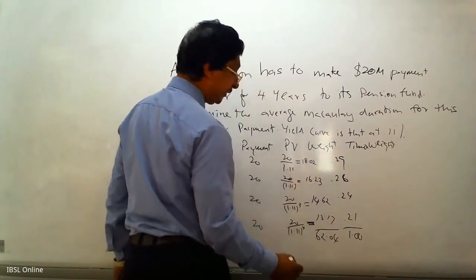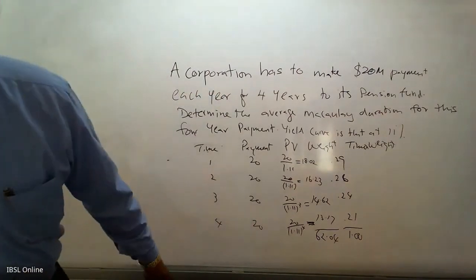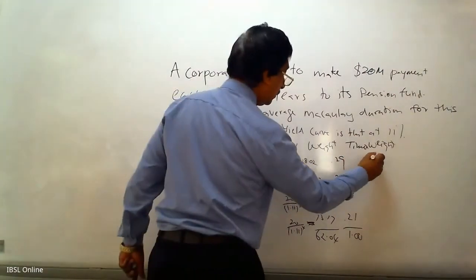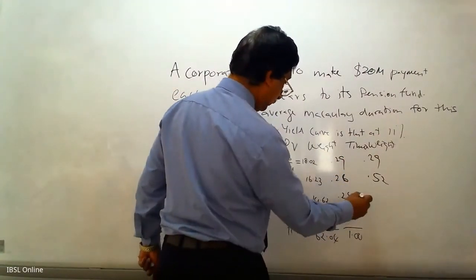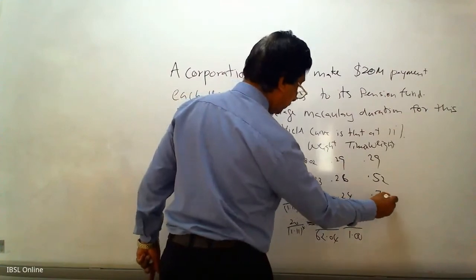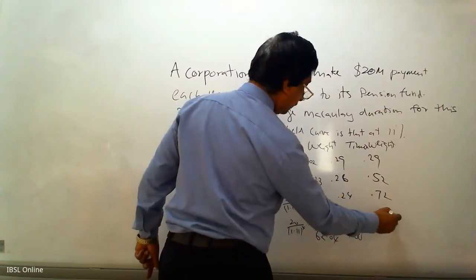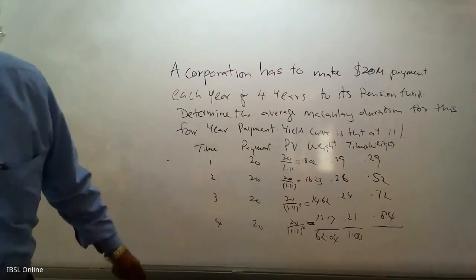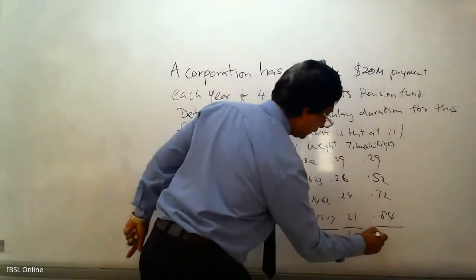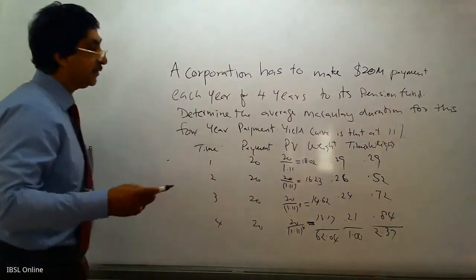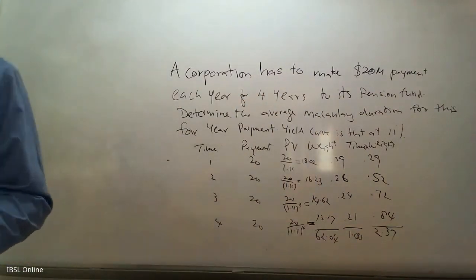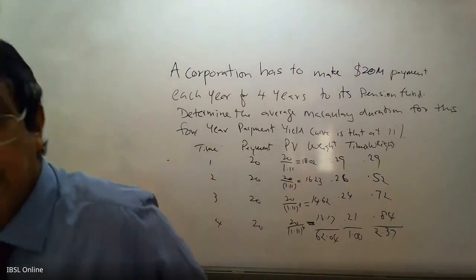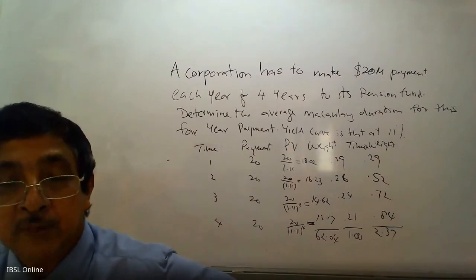Then time into weight, we have 0.29, 0.52, 0.72, 0.84. The total is 2.37. Now you realize the Macaulay duration is 2.37 for these payments. 2.37, yes, good.